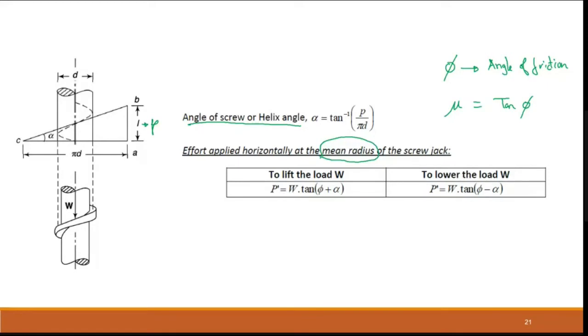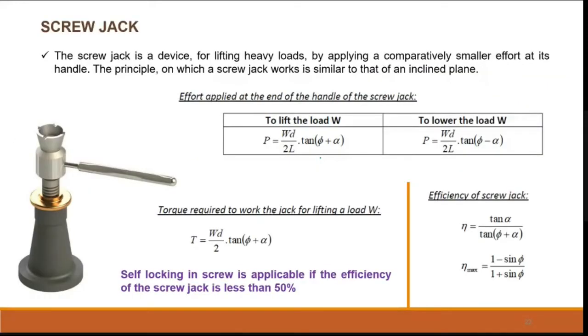Let us proceed. Let us consider a screw jack. We have a handle here to lift the load. So the formula changes a little bit. What is the change? P into L is equal to W tan (phi plus alpha) into R. R is the radius, d by 2.